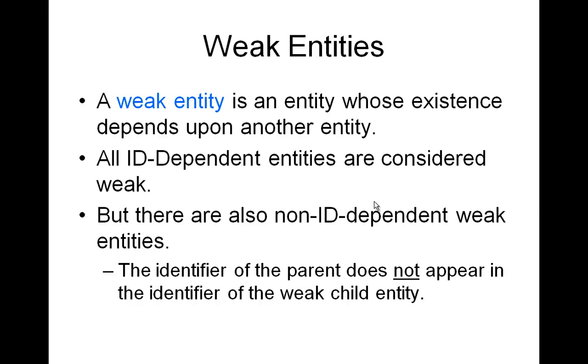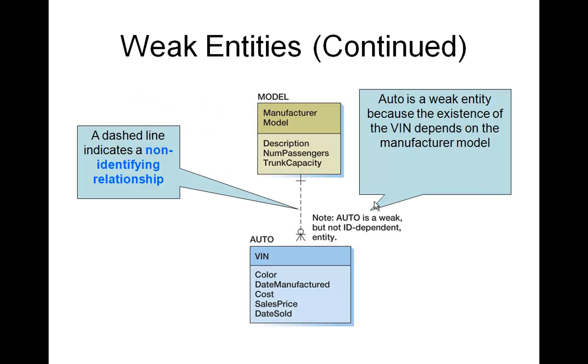But there are also non-ID dependent weak entities. The identifier of the parent does not appear in the identifier of the weak child entity. This is an example of a weak entity: the model of the manufacturer, where we have the manufacturer model for a car.